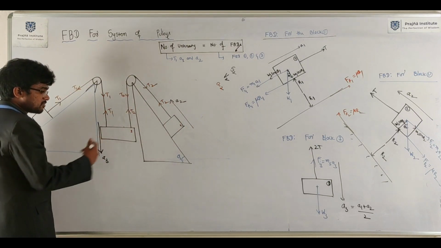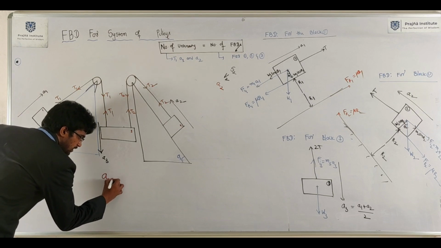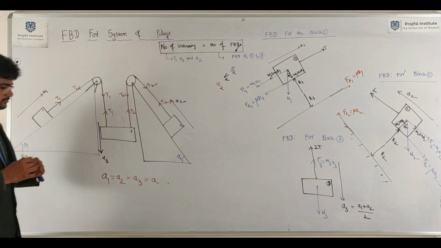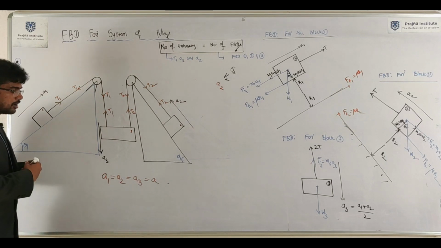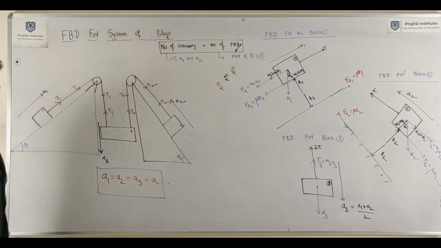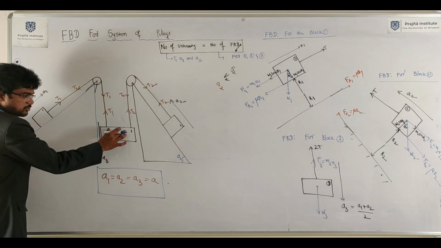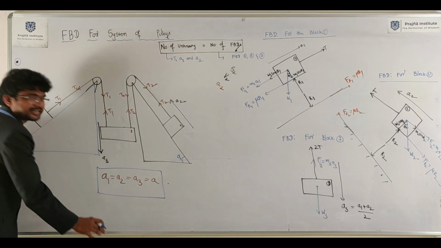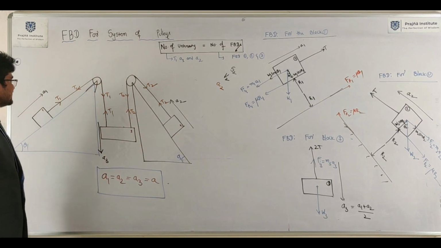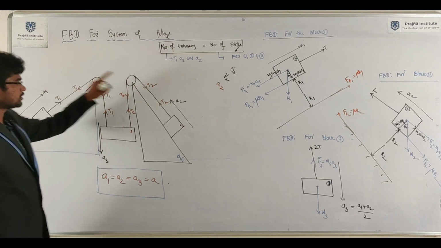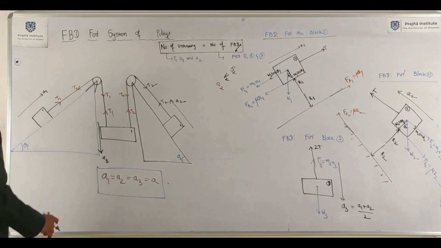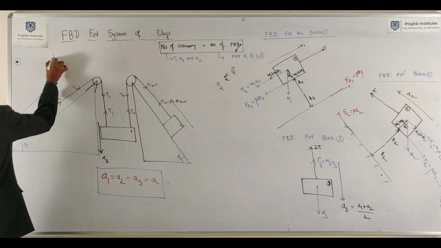That is why A1 equals A2 equals A3 equals A. All blocks have the same acceleration. Just feel it: you just need to move this block downward, then these two blocks will come. The distance moved by block 1, 2, 3 is everything the same. Now, number of unknowns, tell me.